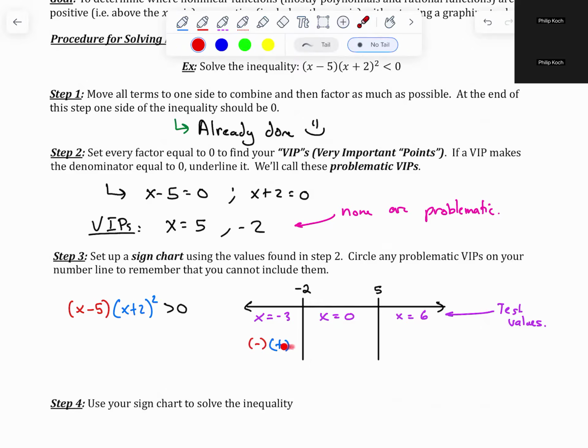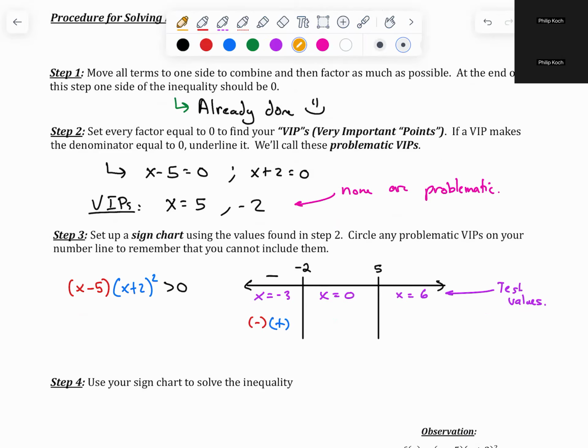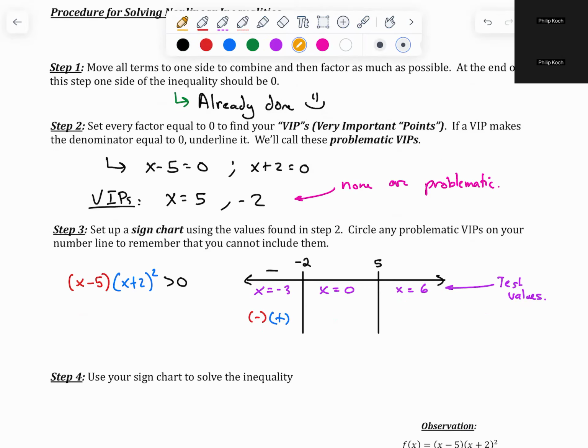So a negative times a positive, that is a net negative. And that is not a piece that I want, or we'll get to that in a second. So the expression (x minus 5) times (x plus 2) squared is negative here. Suspend your disbelief on why that's true. I'll explain in just a moment.